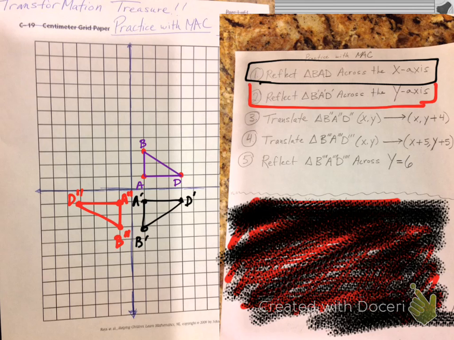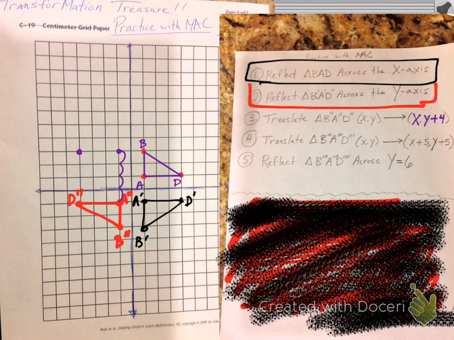The next one says translate triangle bad such that x is just x and y is 4 more. Move 4 paces up. So that's all we do is move 4 paces up. 1, 2, 3, 4.